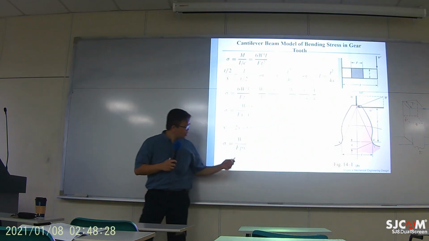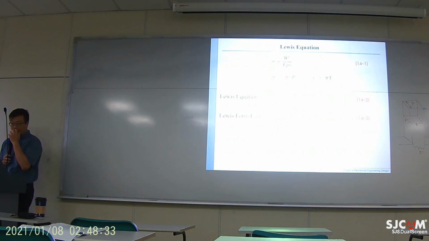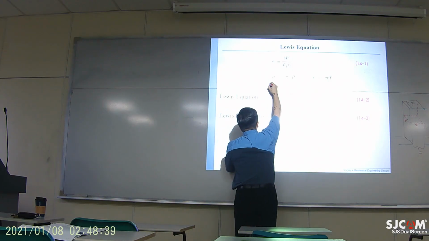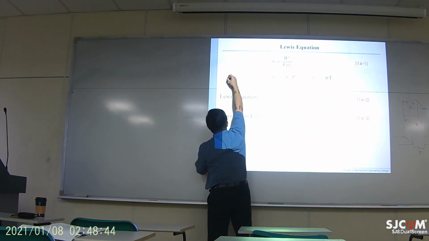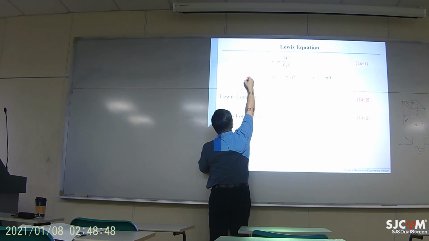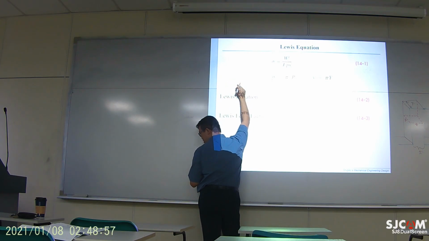Once we have this equation, what can we do next? Since we have this equation earlier, small p times big P equals pi. Small p is circular pitch, and big P is, what's the name of it?